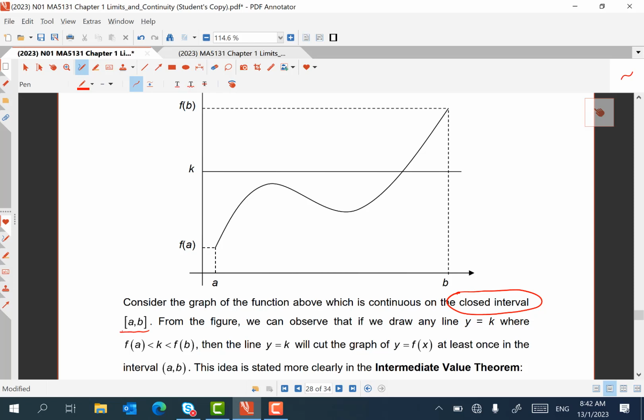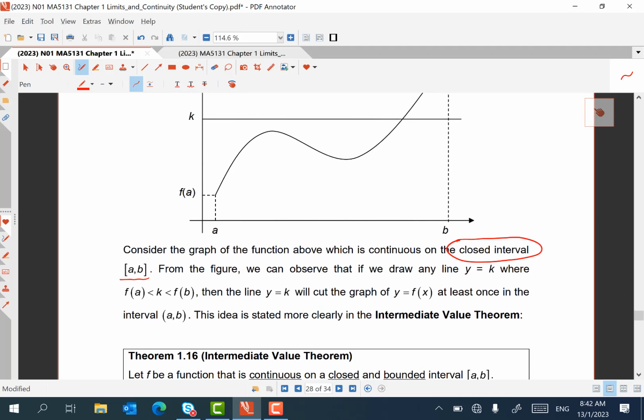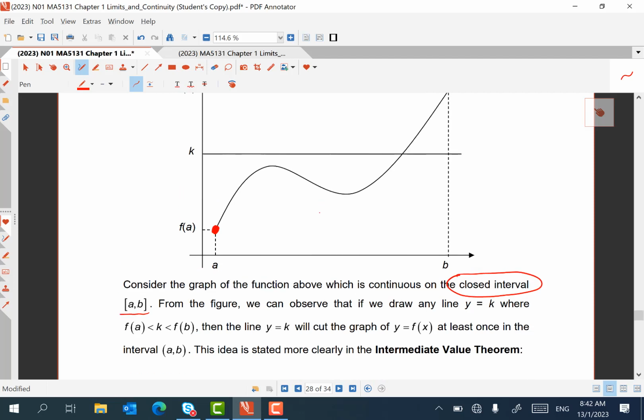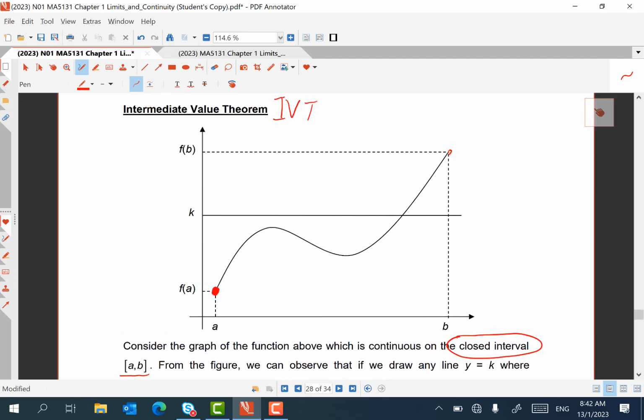If I could actually put a shaded circle here to say that it's inclusive of this endpoint, and a shaded circle here.